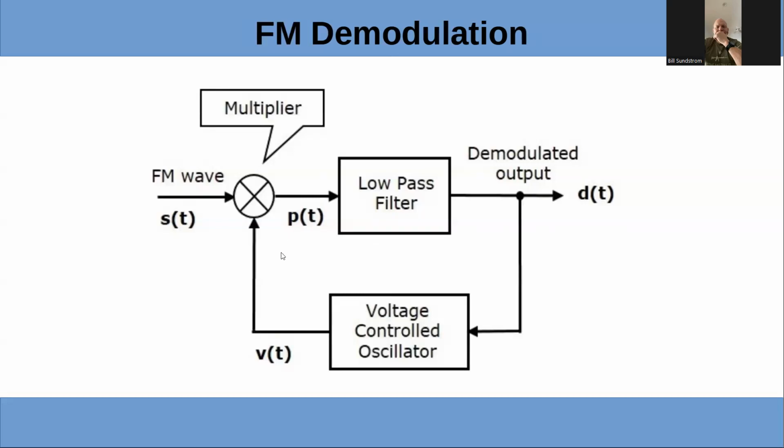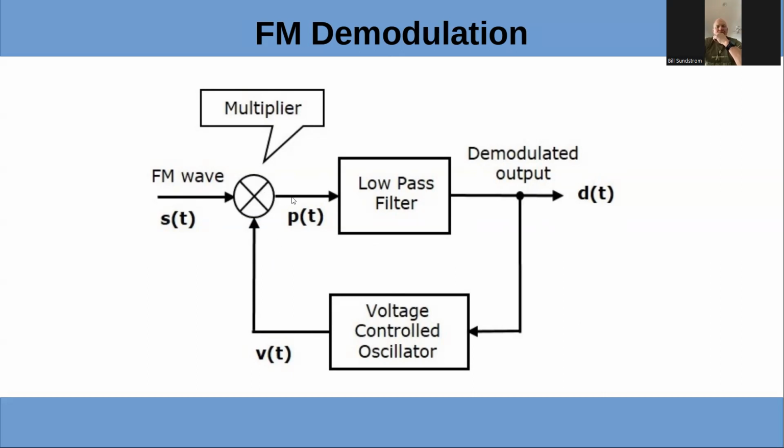So in this case, with what they call synchronous detection, you've got your signal coming in, and this symbol represents what they call a phase detector, and you're feeding it with the output of a voltage controlled oscillator.